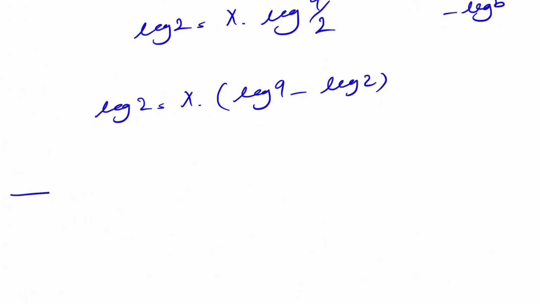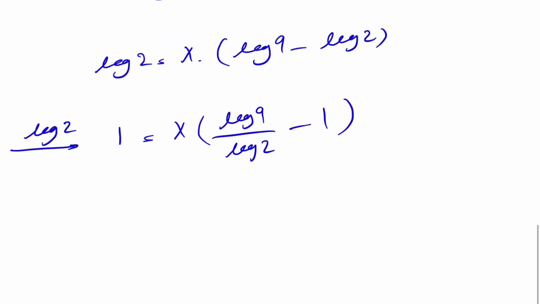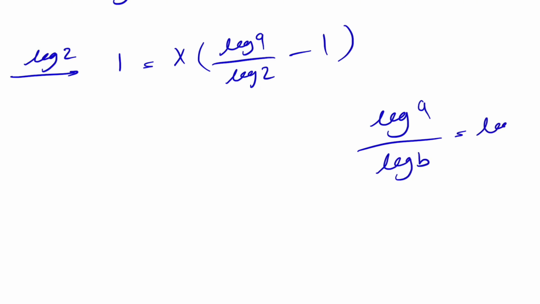We can divide each side of the equation by log of 2. So if we divide each side by log of 2, we have 1 is equal to x times log of 9 over log of 2 minus 1. Another law of logarithm: when we have log of a over log of b, this will be equal to log base b of a.